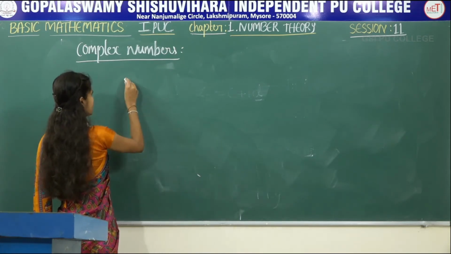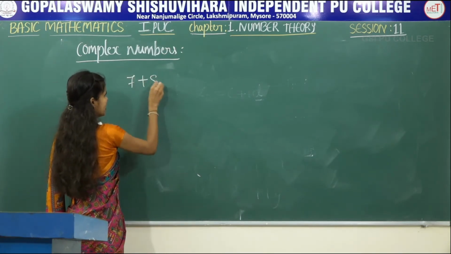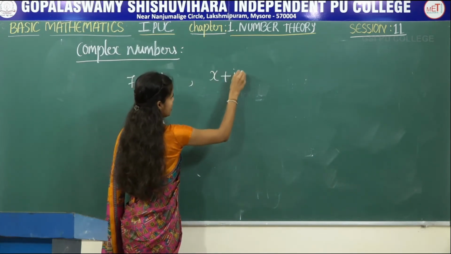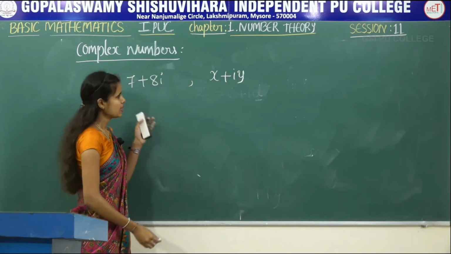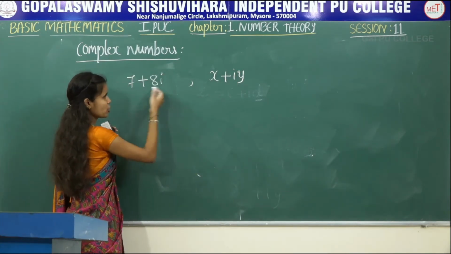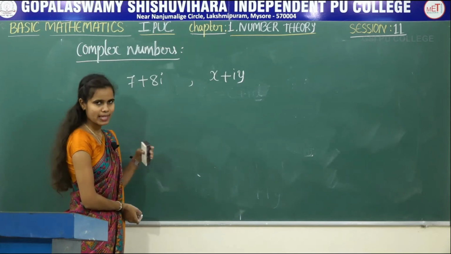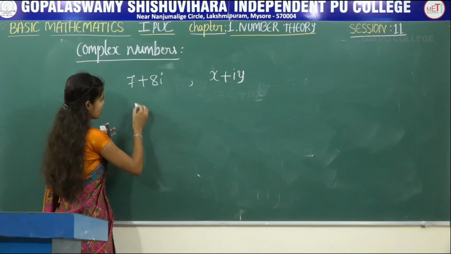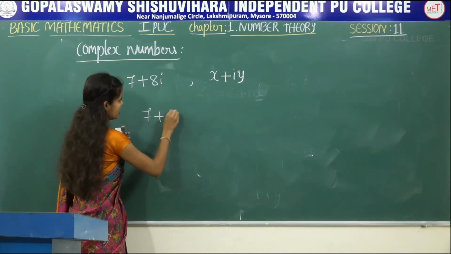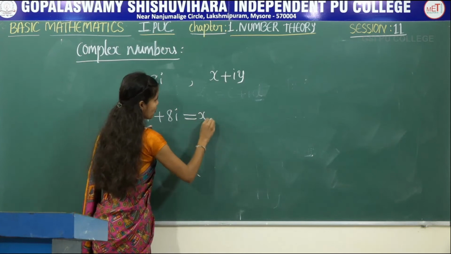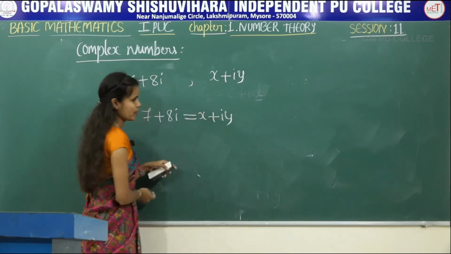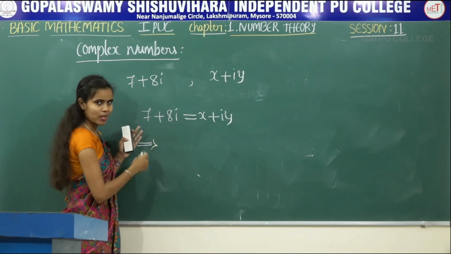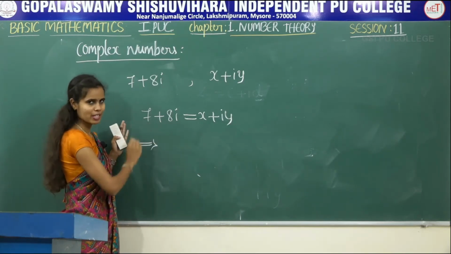For example, consider a complex number 7 plus 8i, and one more complex number x plus iy. If these two complex numbers are equal, find the values of x and y. Given that 7 plus 8i is equal to x plus I into y, the corresponding real parts are equal and the corresponding imaginary parts are equal.